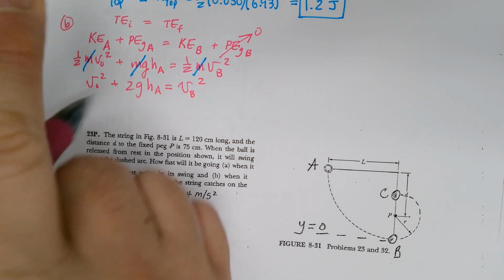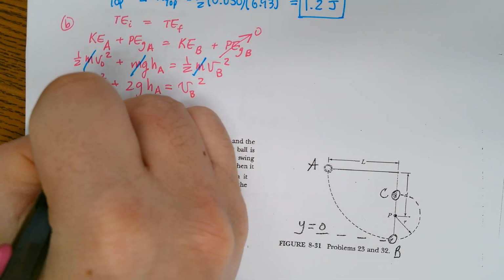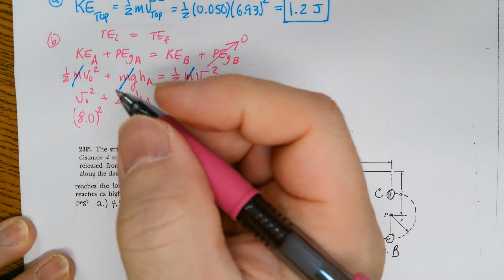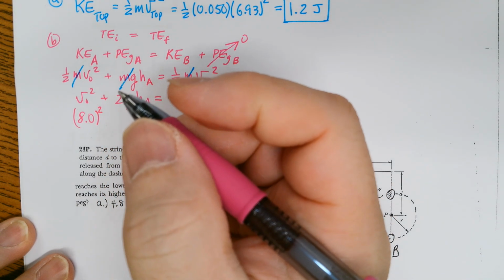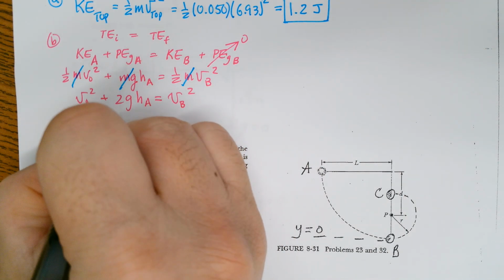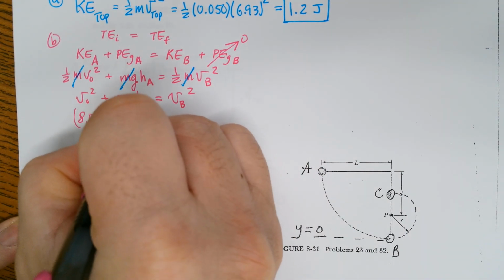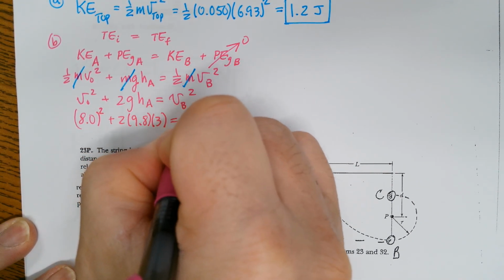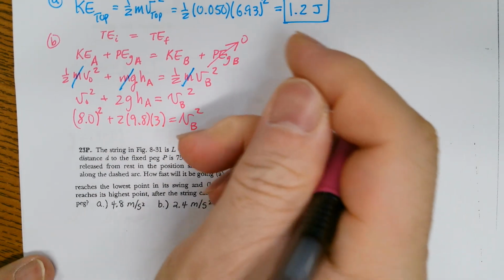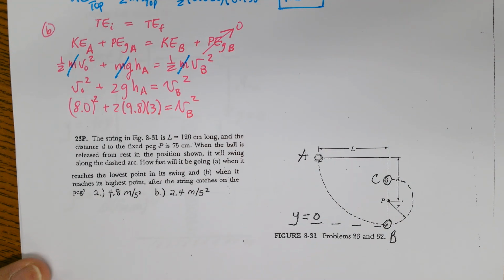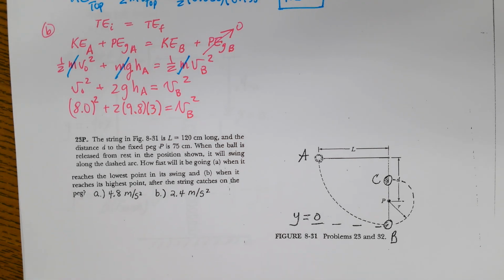Well, v0 is 8, so 8 squared plus 2 times 9.8 times 3 is equal to vB squared. Hopefully you can solve that. What do you get?